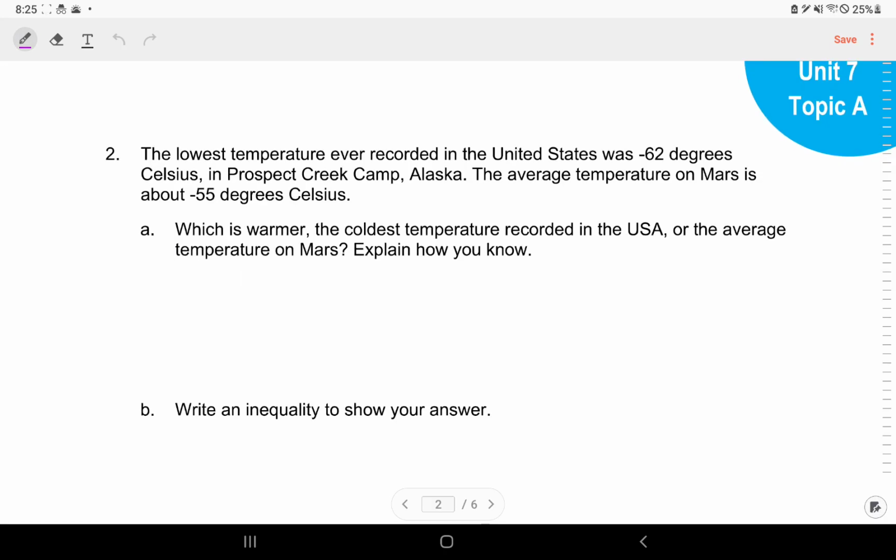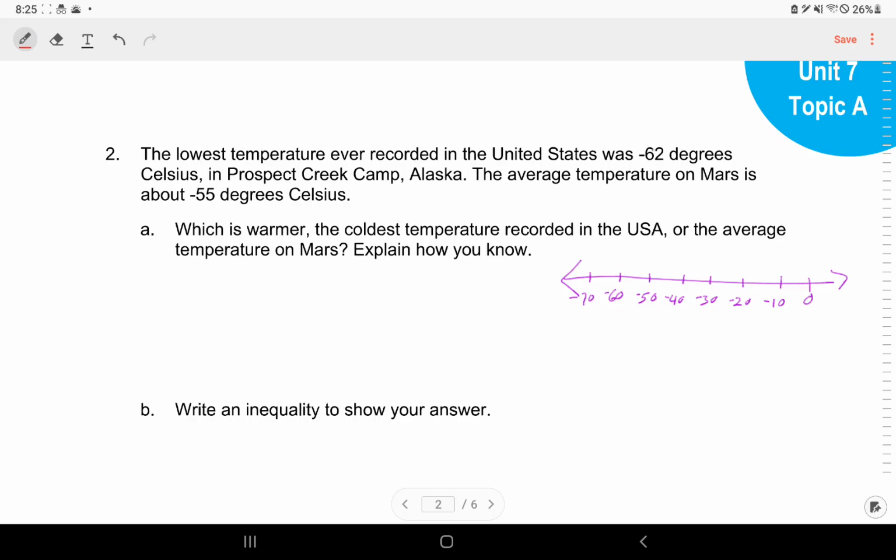Okay. So, I'm going to put 0, negative 10, negative 20, negative 30, negative 40, negative 50, negative 60. Okay, and there's room, so I'll stick a negative 70 in there.